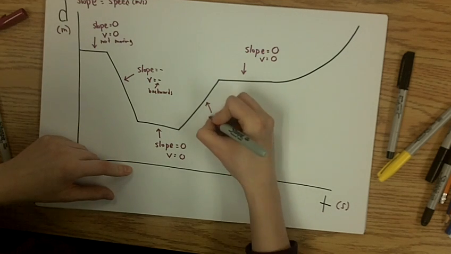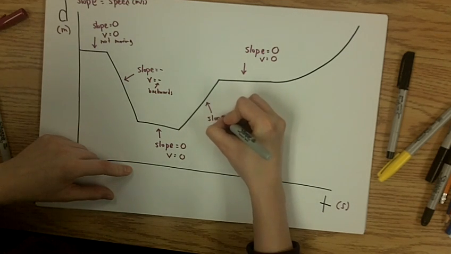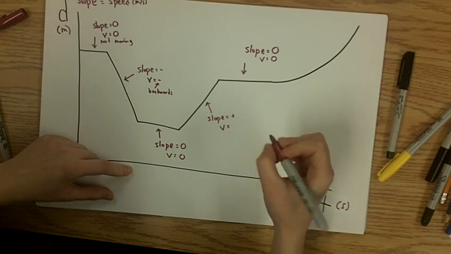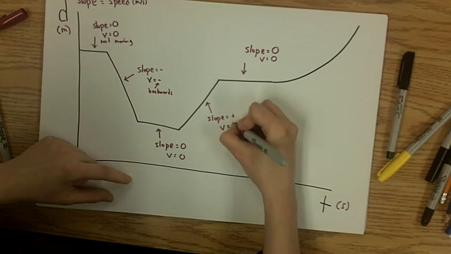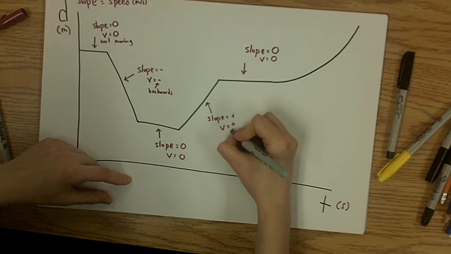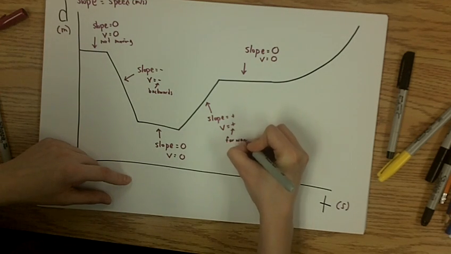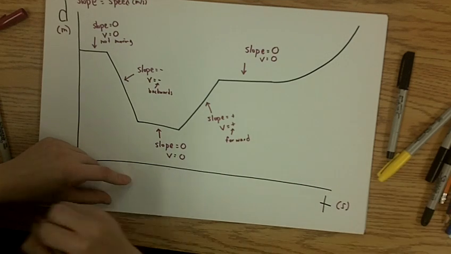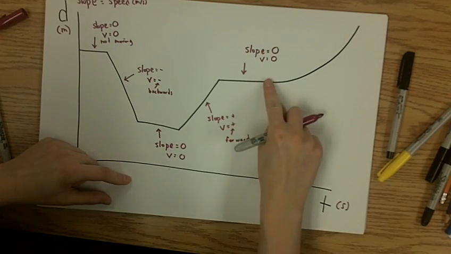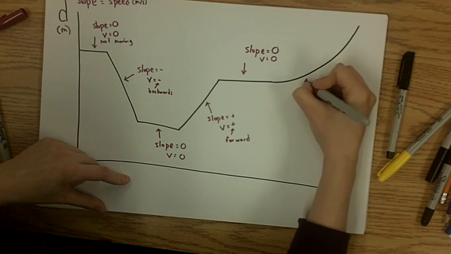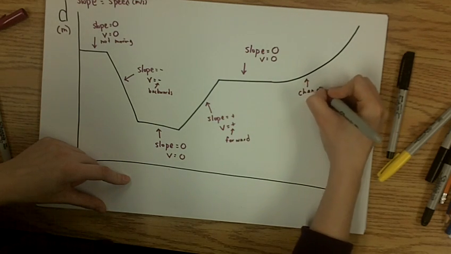The next section along has a slope that's positive. It's sloping upwards. This means v, whatever number it gets, is going to have a sign that's positive, which means this velocity or speed is going to be forward. The last section of the graph is curved. A curved graph has changing slope.